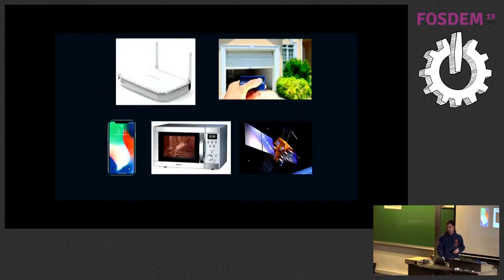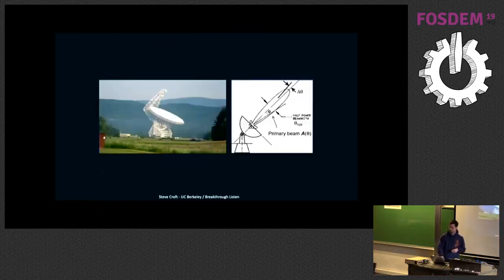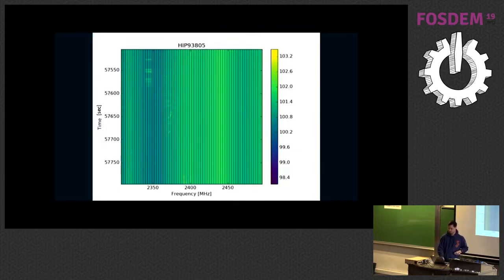And then you also have satellites going overhead, and they don't necessarily respect the quiet zone when they're doing their downlinks. So the sensitivity of the Green Bank telescope is, because it is so big, it detects a lot of things that it shouldn't.